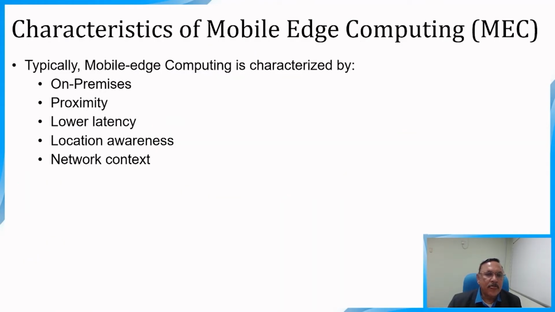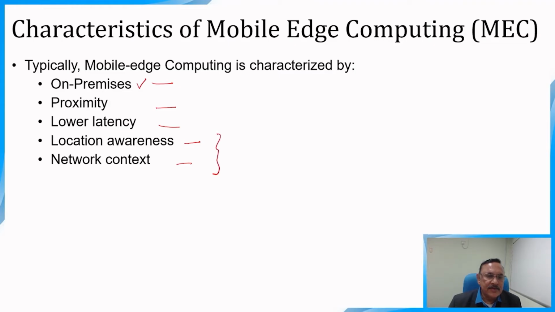So, the characteristics of such mobile edge computing are that it is often provided on premise, and it offers very close proximity based services to the subscriber. It offers low latency, and it also gives the very important notion of location awareness and retains the network context.